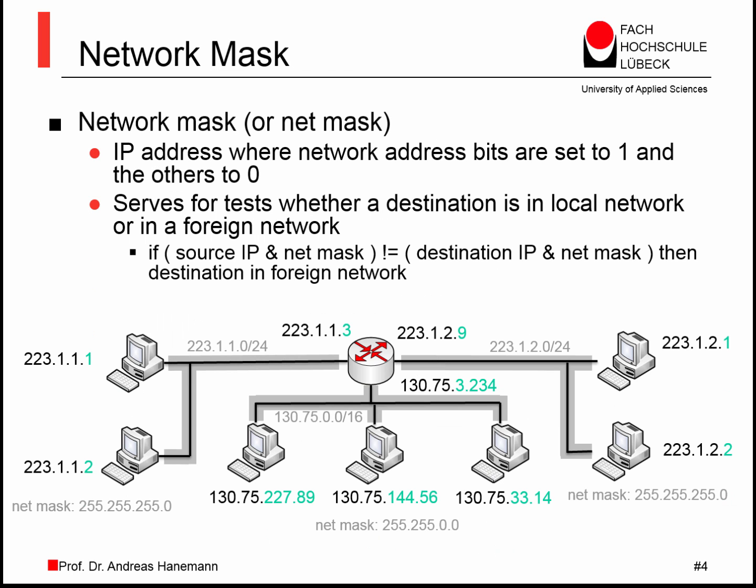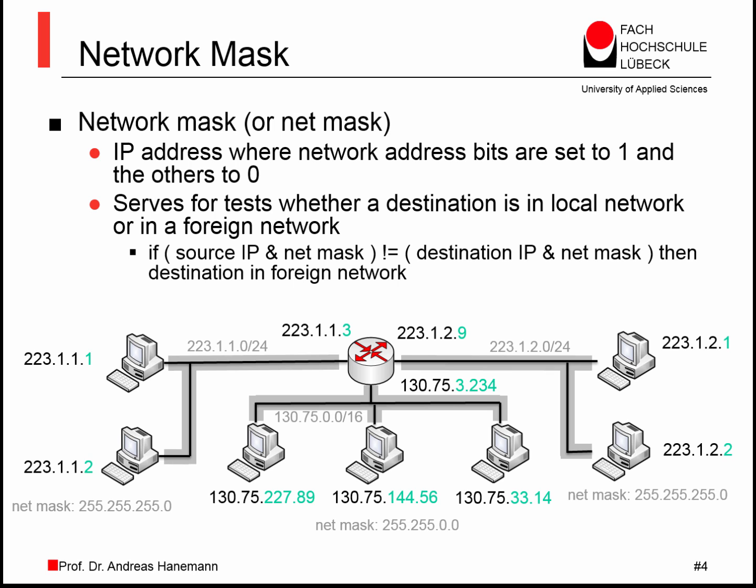Closely related to the indication of the network part length after the slash is the network mask. In the network mask, all bits that belong to the network part are set to 1 and all bits for the host part are zeros. Therefore, for a /24 network, the network mask is 255.255.255.0.